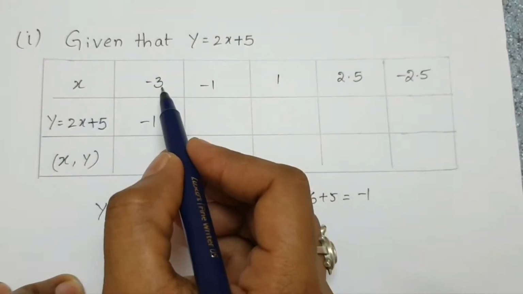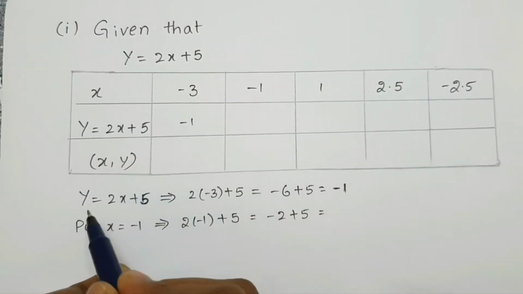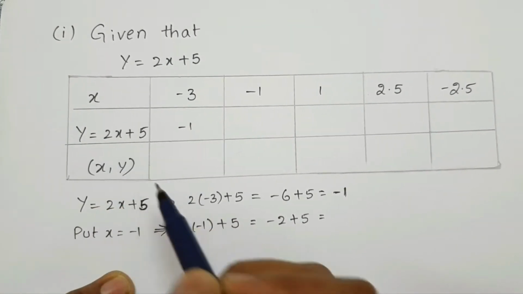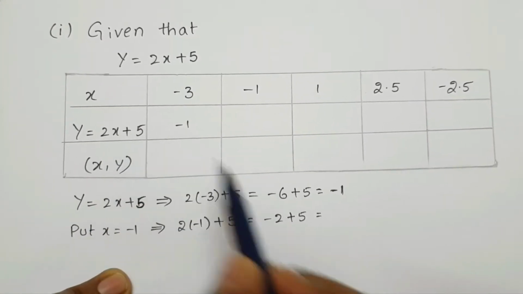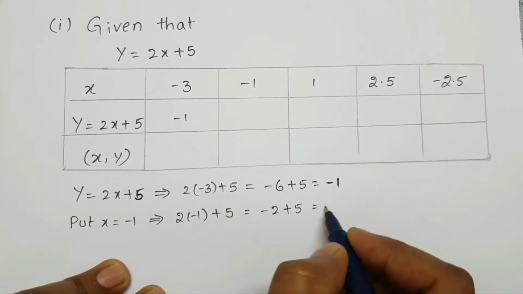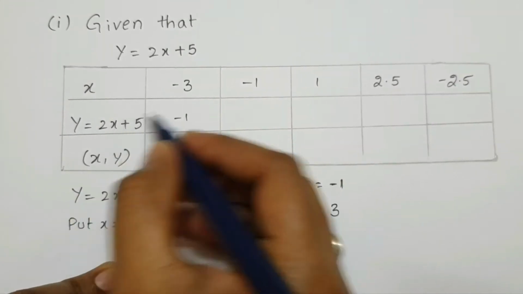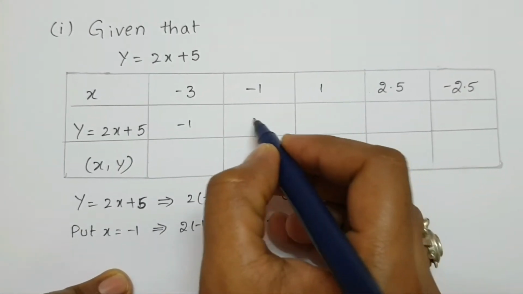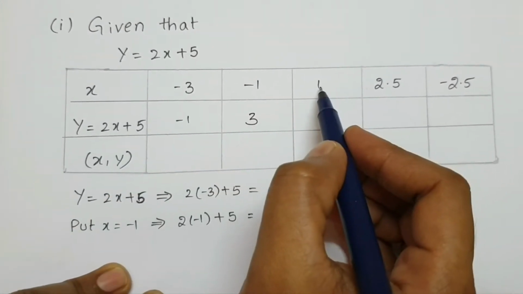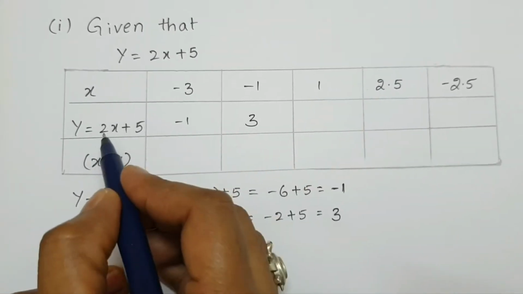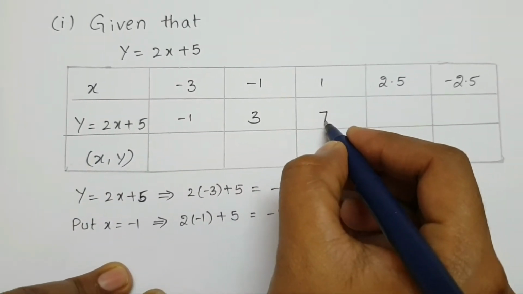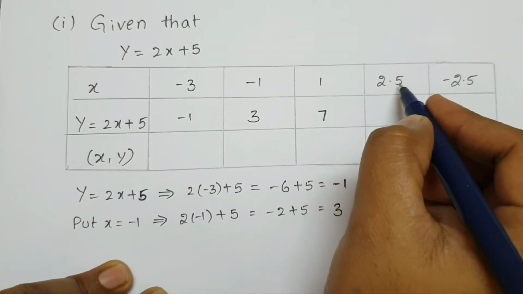When x equal to minus 1, 2 into minus 1 is minus 2, plus 5 gives 3. So for x equal to minus 1, y equal to 3. Put x equal to 1: 2 into 1 is 2, 2 plus 5 is 7.